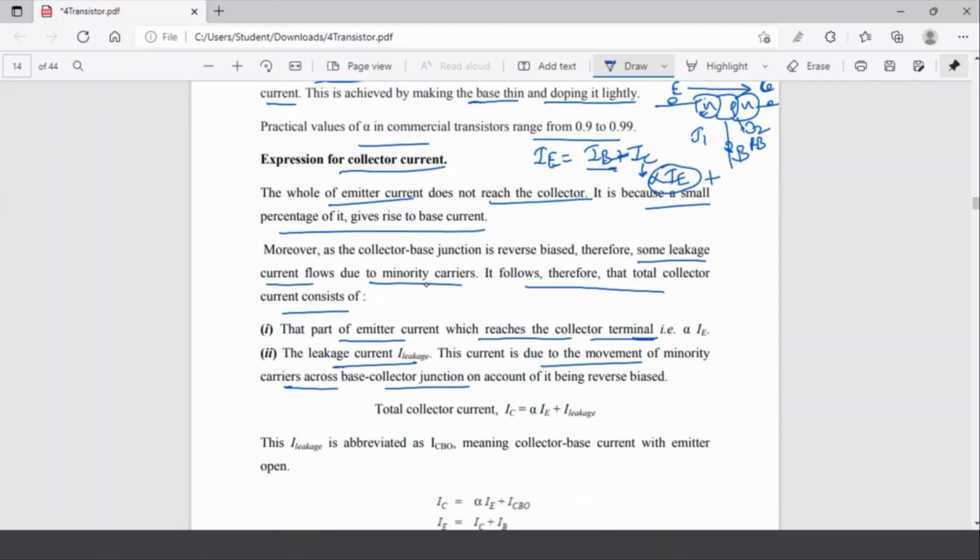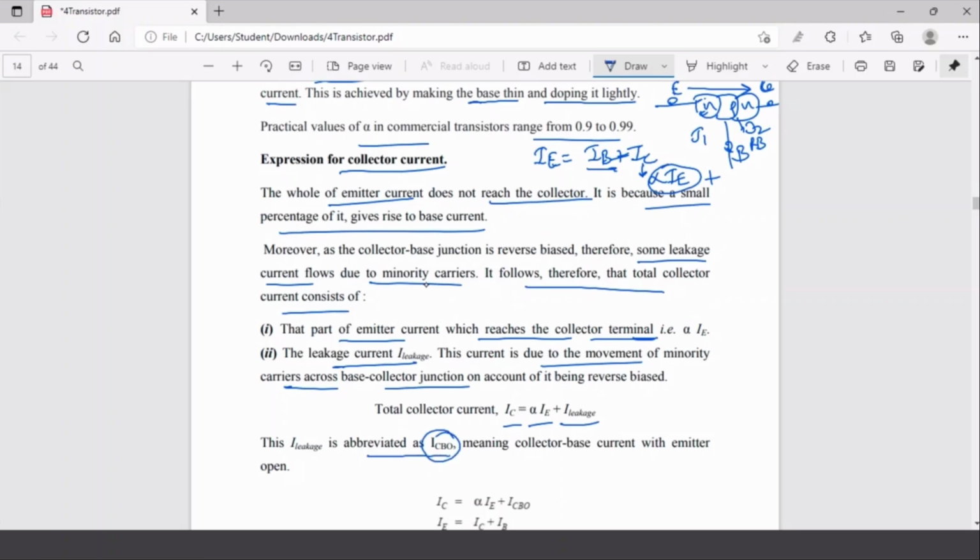So the total current IC can be written as alpha IE, the component of majority charge carrier current which starts from the emitter, flows through the base and reaches the collector region, along with the reverse leakage current. This leakage current is generally abbreviated as ICBO.